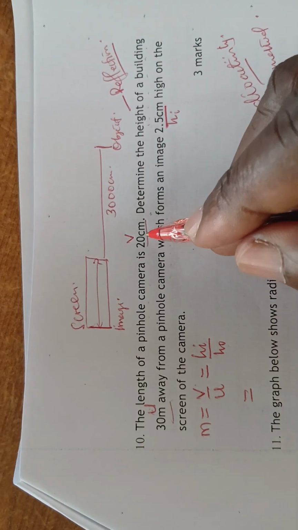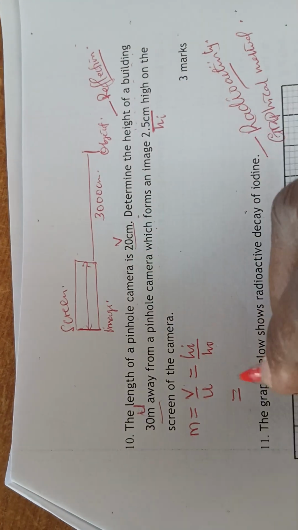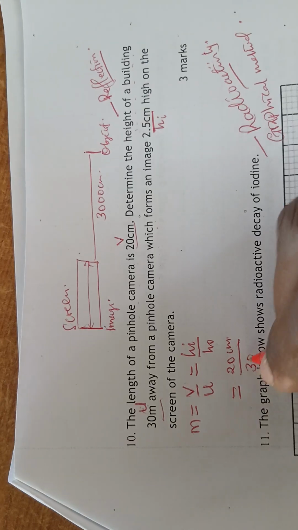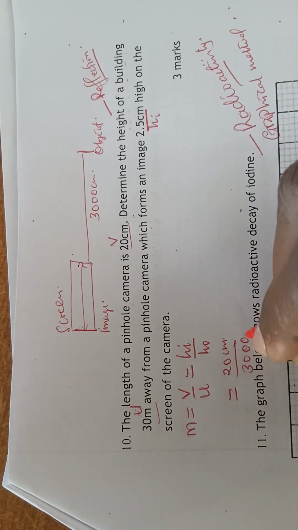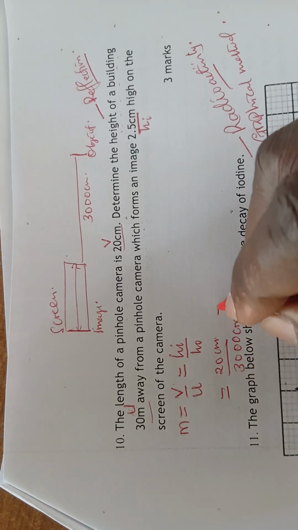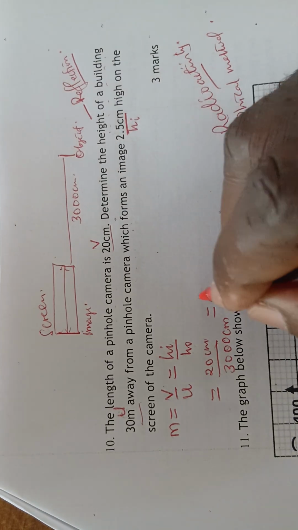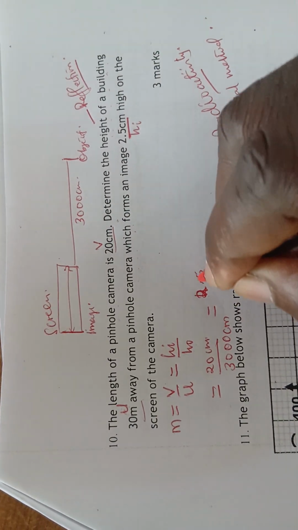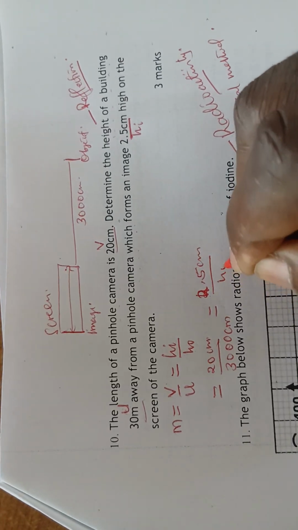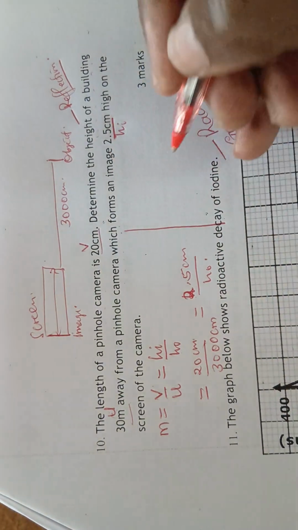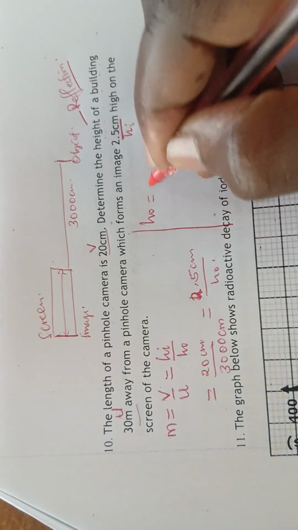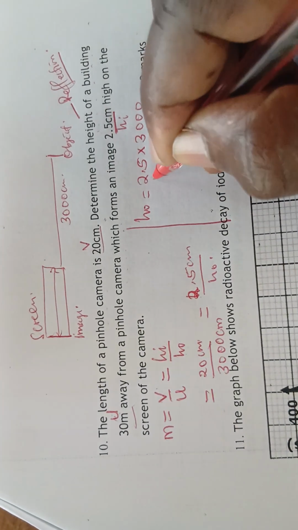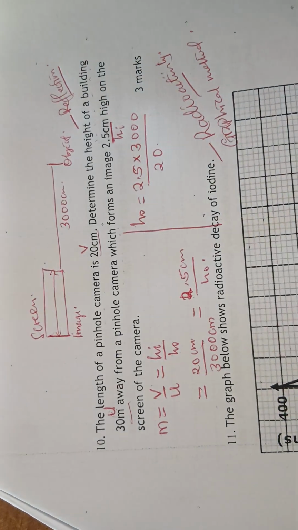Therefore, substituting these values, our v is 20 centimeters, our u is 30 meters, equivalent to 3000 centimeters, equals hi, which is 2.5 centimeters, over h naught. Therefore, h naught is given as 2.5 multiplied by 3000 divided by 20.